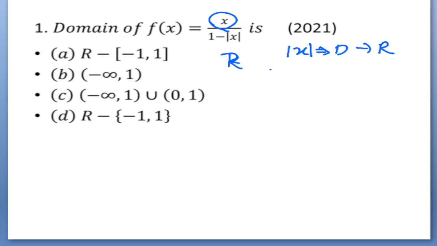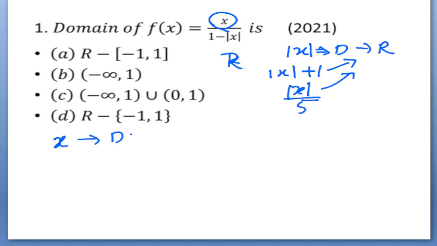That means if you have modulus of x plus 1, then also the domain is set of all real numbers. If you have modulus of x divided by 5, then also the domain is set of all real numbers.